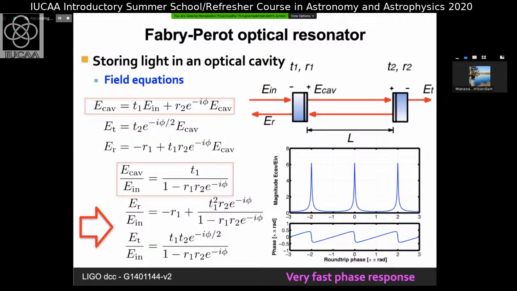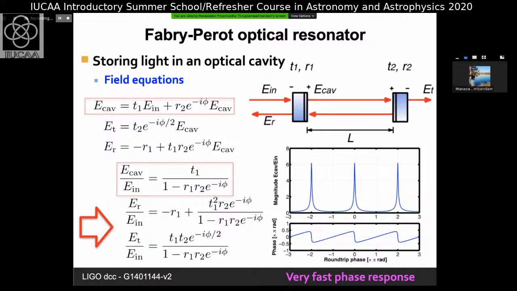It has 2 mirrors, and it is defined by the length L and the properties of the mirrors, given by their transmittivity and reflectivity. And like we did for the simple Michelson interferometer, if we define the electric fields at different points inside the Fabry-Perot cavity, you can find what the electric fields are.